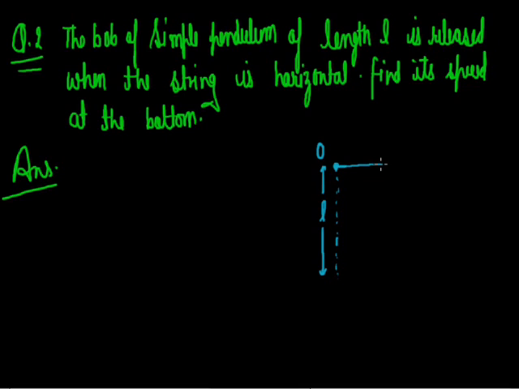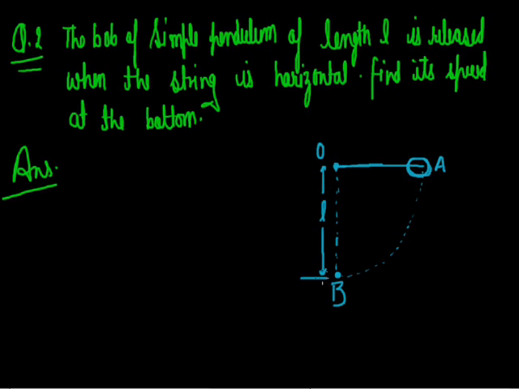When the string is in this horizontal direction, the bob is at point A. Then the pendulum is released. Now we have to find its speed when it is at the bottom, meaning when it is at this point, we have to find the speed of the bob.